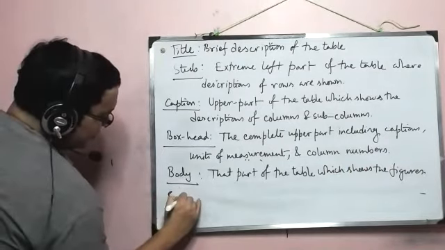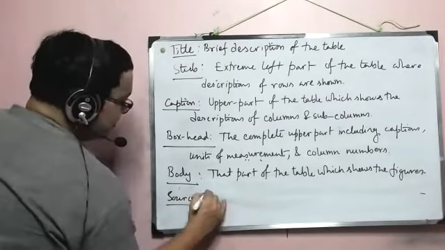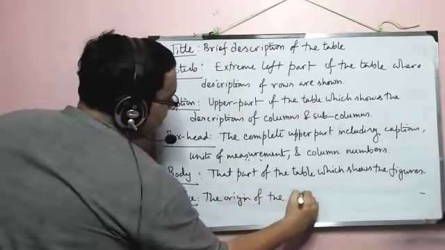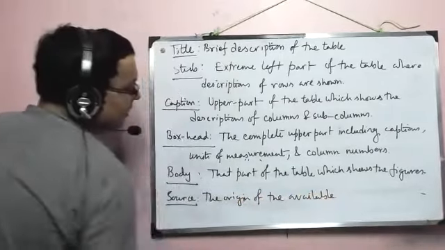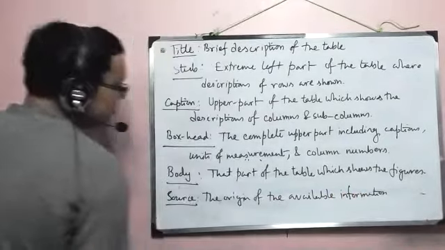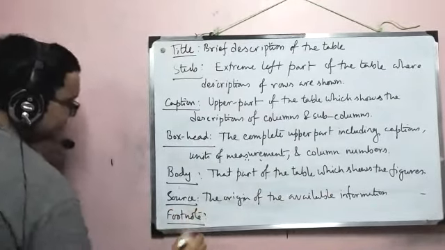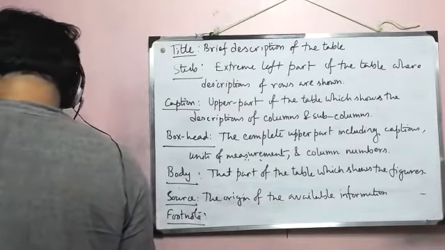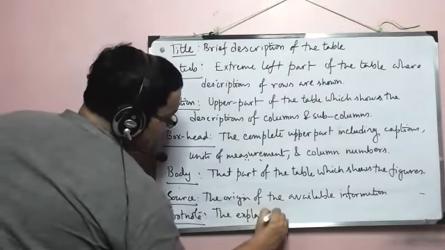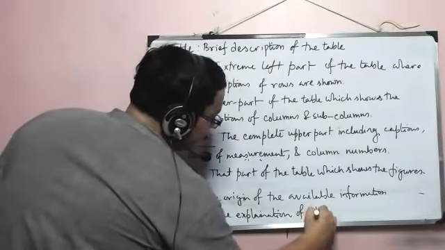Then comes source, which is the origin of the available information. So it is the origin of the available information. And then comes footnote, which is the explanation of specific items.